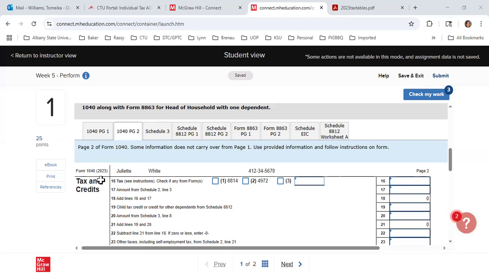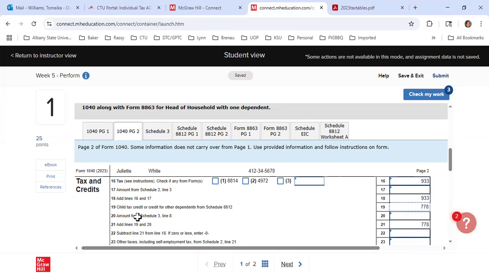So for the 1040 page 2, box 16 was the tax that we figured, which is 933. And line 19 for the child tax credit from the 8812, we want to put 778.